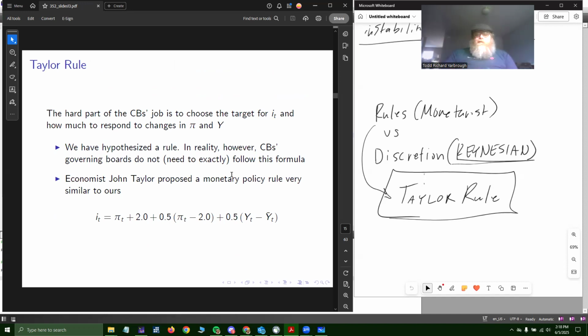Now, the hard part, of course, of all this is for the central bank to actually pick the nominal interest rate target, because that's how they end up getting their inflation target. If you think back to a couple of videos ago, I talked about one of the big things that happens to fighting inflation when you include expectations into the model: the Lucas critique combined with Sargent's work illustrated that as soon as you set an inflation target, that inflation target essentially gets washed away through expectation.